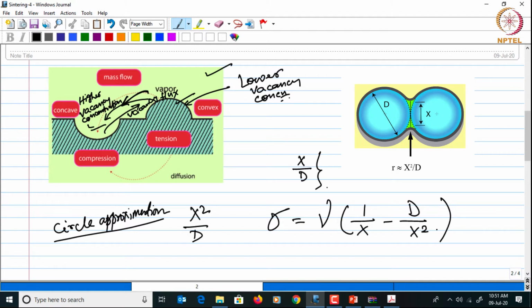This is the sintering stress which helps the particles bond and therefore is a driving force for densification.